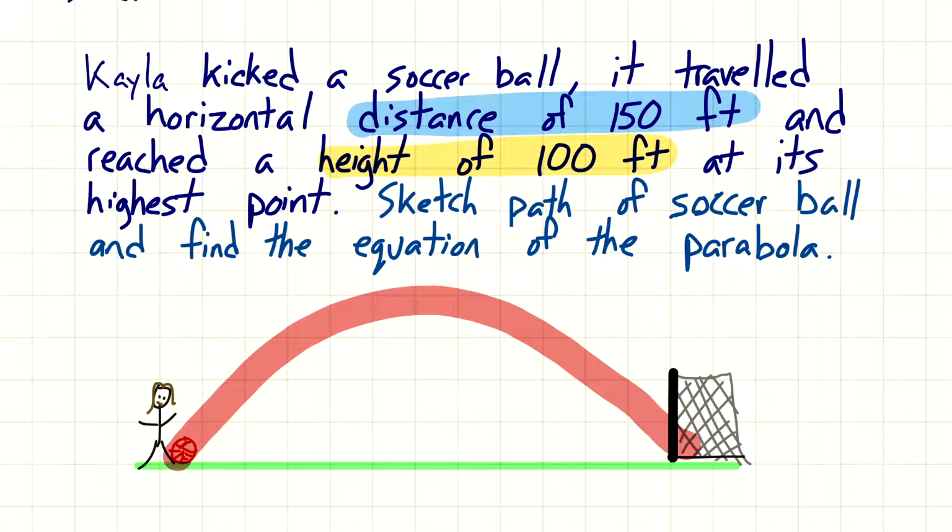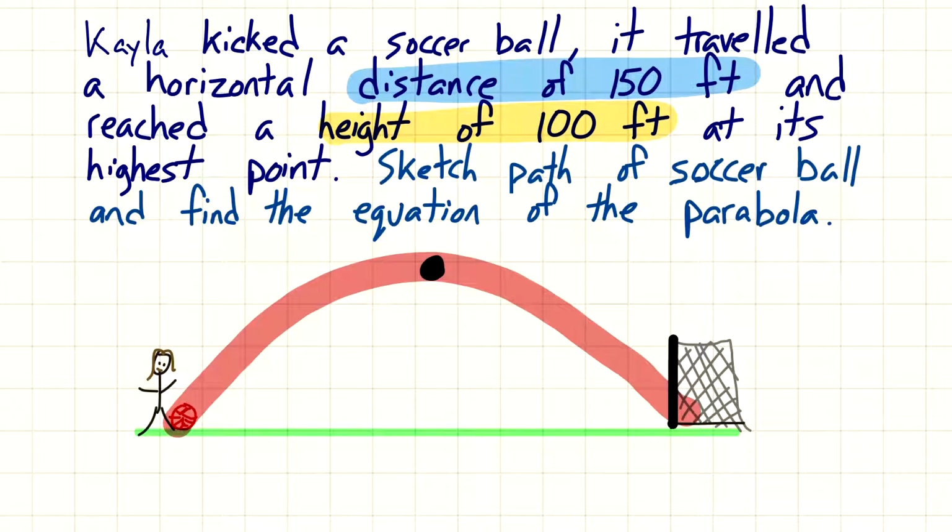And let's add some information. For sure, there's going to be some vertex, a point at the top. The question is really going to be, what's this vertex? Keep in mind, they've told us that the ball travels a distance of 150 feet. So from where Kayla kicked the ball to where it lands, hopefully somewhere in the goal, it's 150.